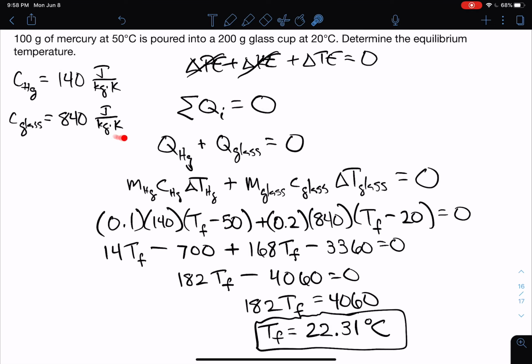So that this is Kelvin here, it could just as easily be degrees Celsius, and that's why here, when I was setting up the temperature change, I put in the temperatures in terms of degrees Celsius. And that means the final temperature came out in degrees Celsius. And that's all okay because the temperature change of 1 degree Celsius is the same as the temperature change of 1 Kelvin.